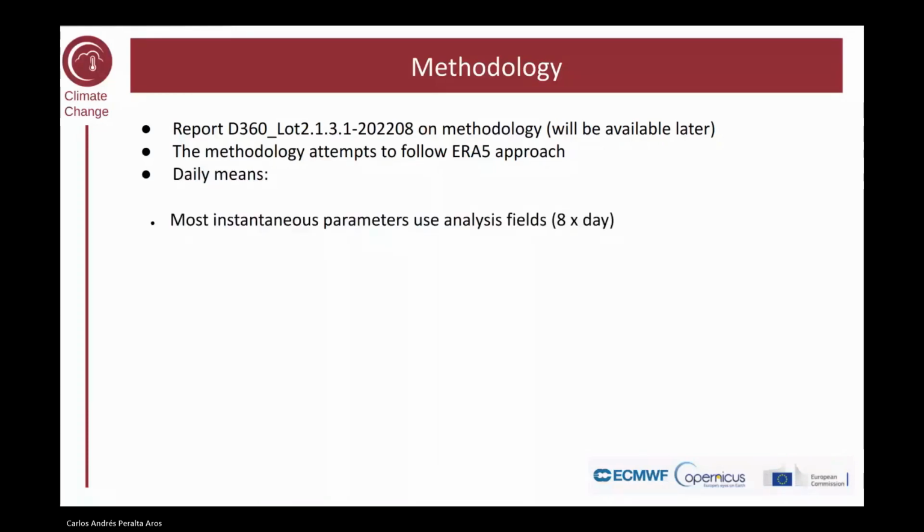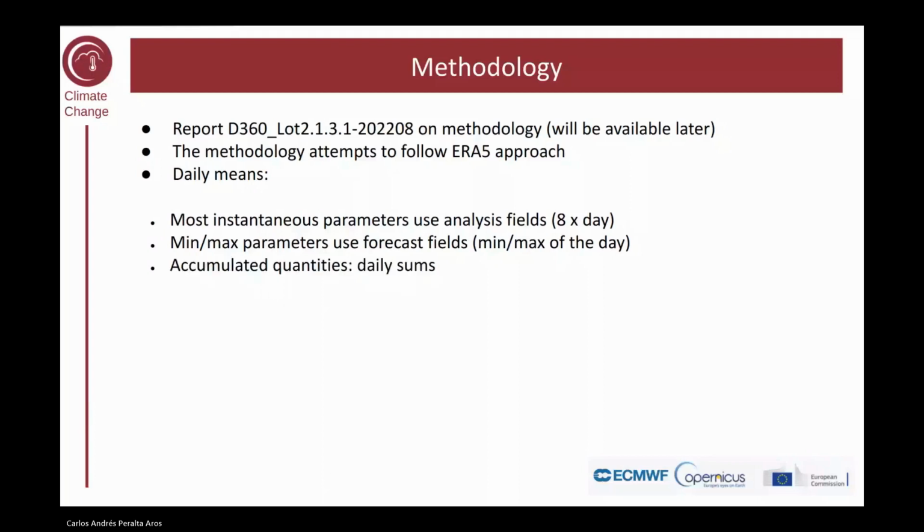For the instantaneous parameters, we use the analysis fields 8 times a day. And for the min-max parameters, we use forecast fields, which we take the minimum or the maximum over the day. And for the accumulated quantities, we provide daily sums that are then used to calculate the monthly means.